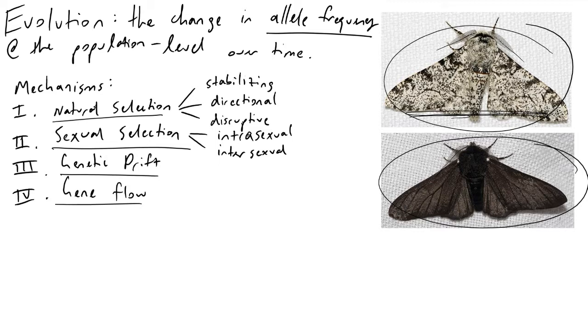And so this is an example of natural selection, specifically directional selection, which we're going to get to in this video. And so evolution has four mechanisms at work. What Darwin did, and what many of us know already, is that he published a book called On the Origin of Species.